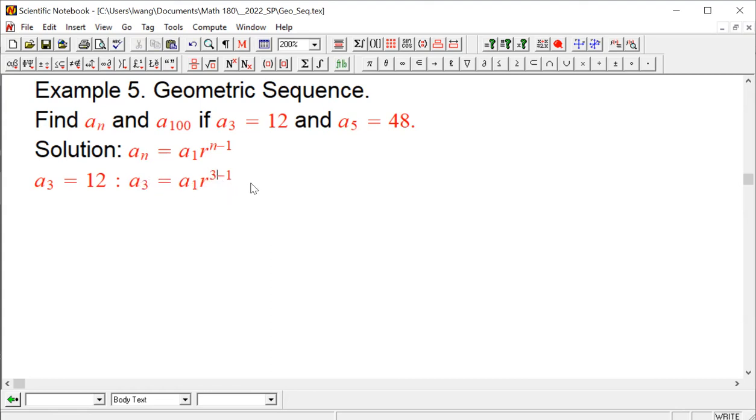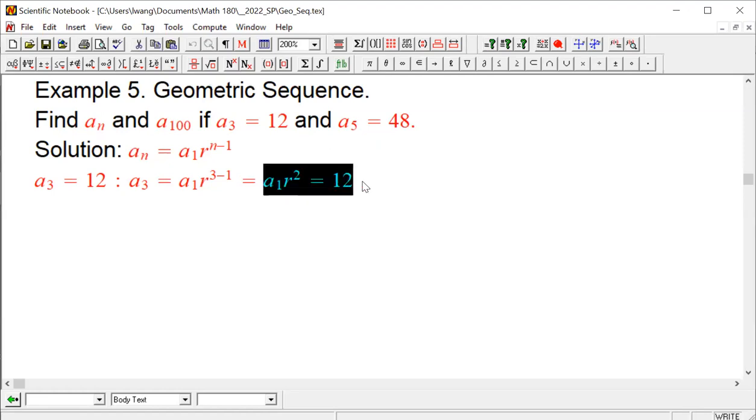That gives us a sub 1 times r squared, and that is equal to 12.